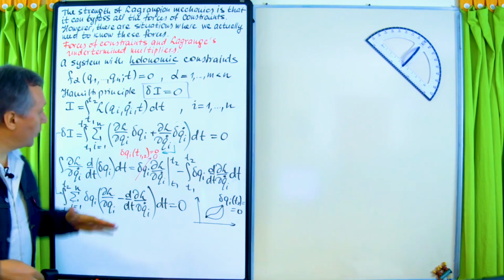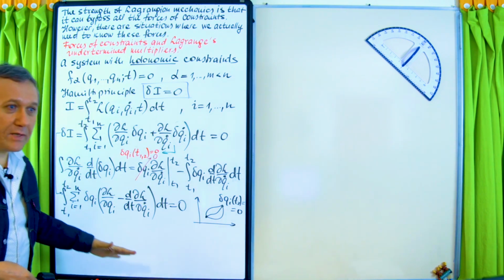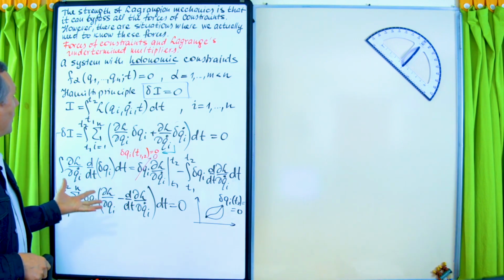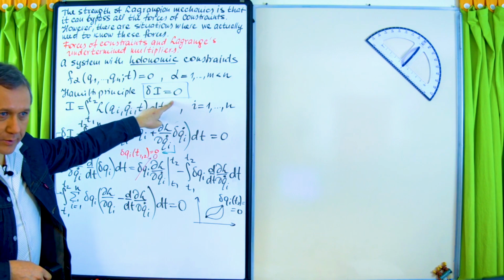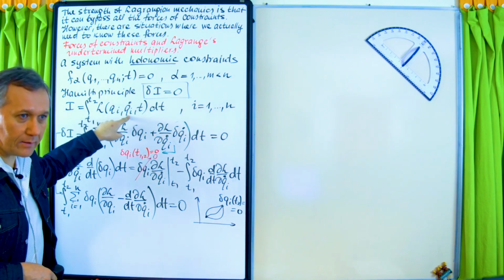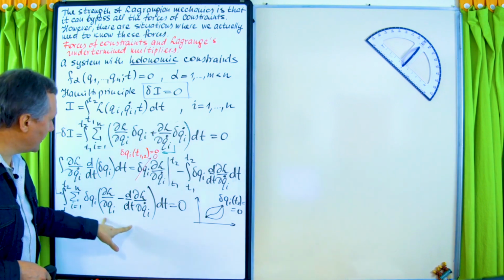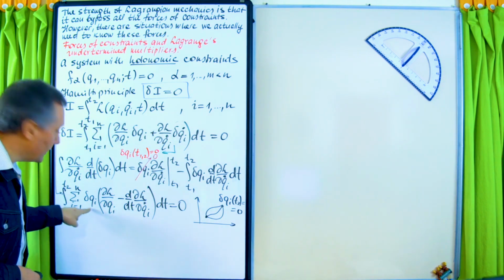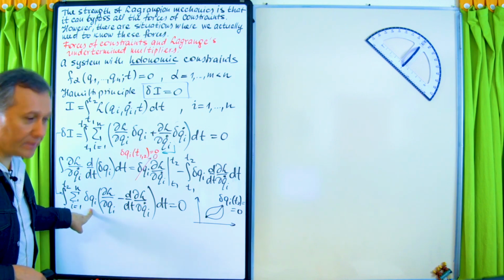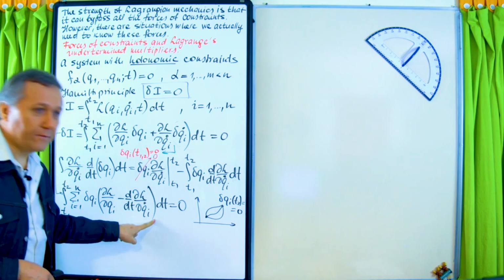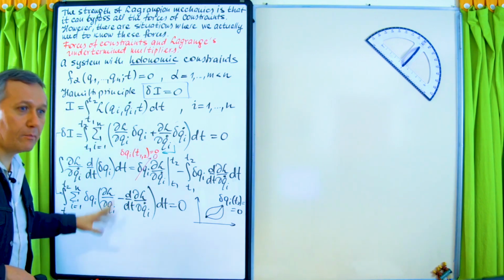So that's what we got from Hamilton's principle. Effectively, look, what we've done is basically a derivation of the Lagrange equation using this form of Hamilton's principle. If all these q's were linearly independent generalized coordinates, at this point I would say something like this. Since these q's are linearly independent, and of course their variations are linearly independent, then this bracket must be 0.